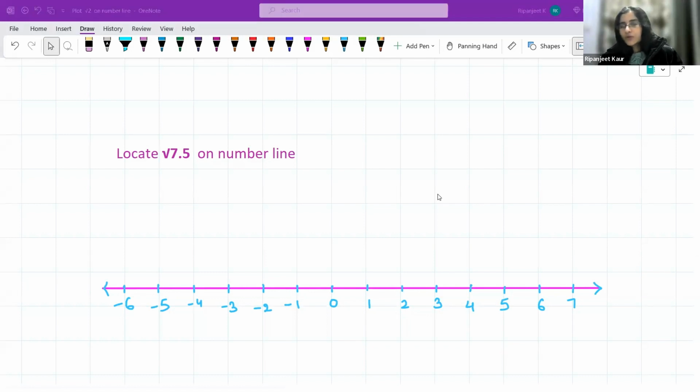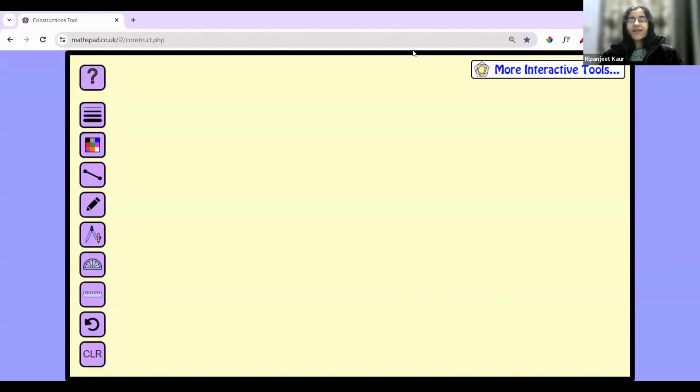So let us go back to our tool. Our weapons are ready to conquer root 7.5 and locate it. Root 7.5 is what we want to find out, so we write here that we are finding root 7.5. What are the steps of finding root 7.5?